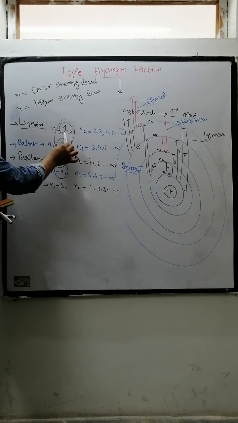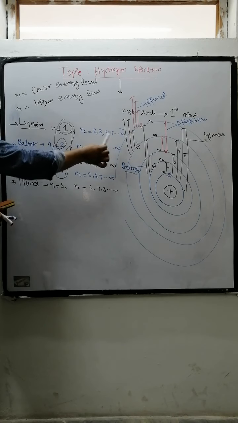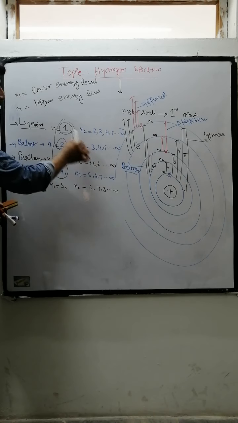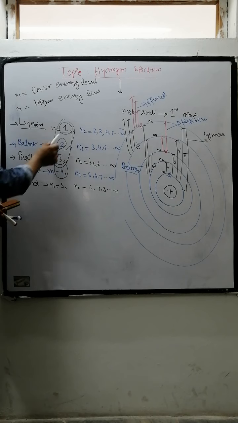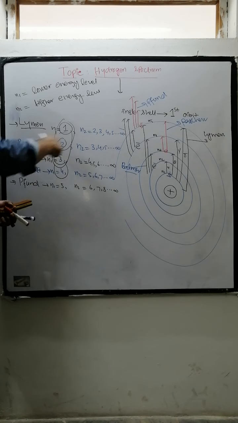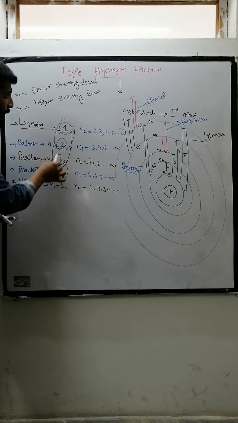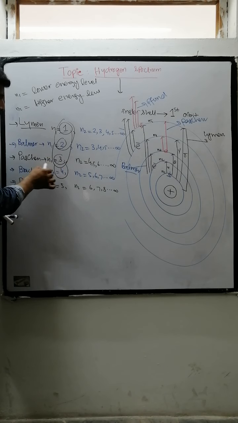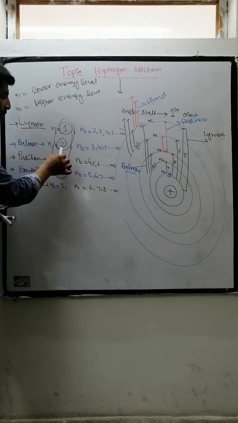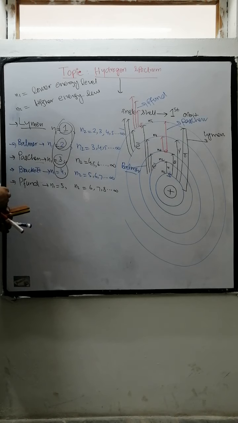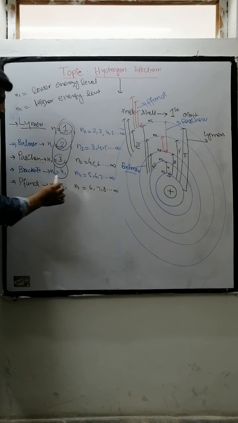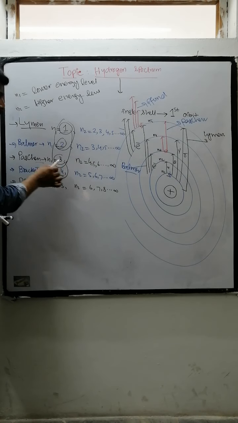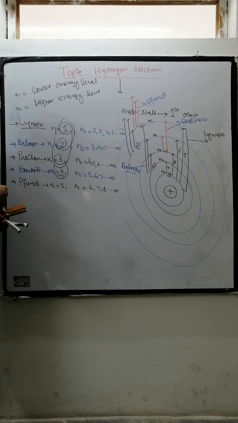This contains 1 up to infinity. This contains 2 up to infinity. 1 is missing. Wavelength for the first energy level is missing. Here the wavelength of the second energy level is missing. For the Paschen series, the wavelengths of the second and first energy levels are missing. In the Brackett series, the wavelengths for the first, second and third levels are missing.